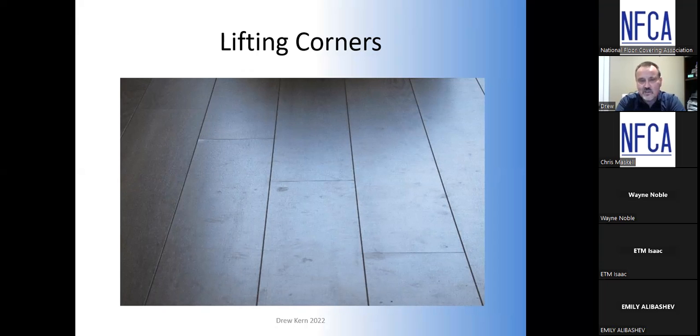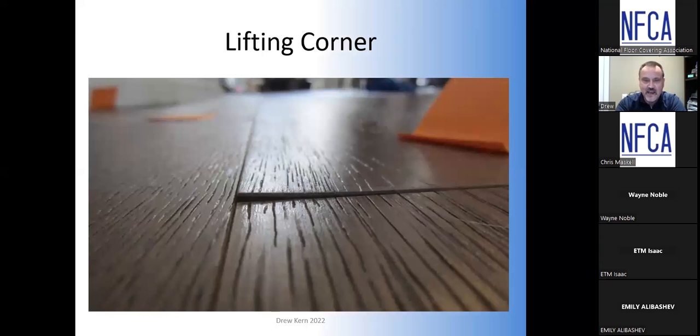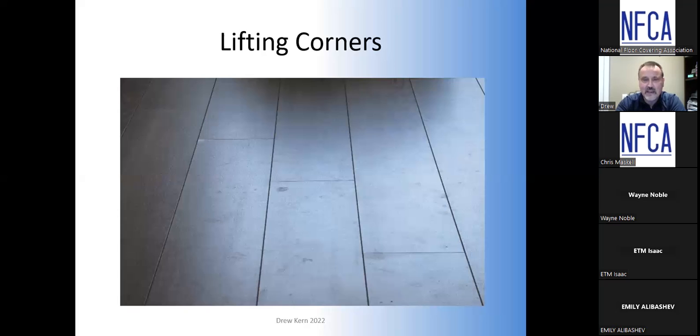And why didn't the installer see it? There are other things to eliminate too. Was that the leading edge of his installation where he was tapping, or the trailing edge of his installation? But my point was, each of those lifting ends is identical and in the same corner. So I think it's unlikely it's site related.